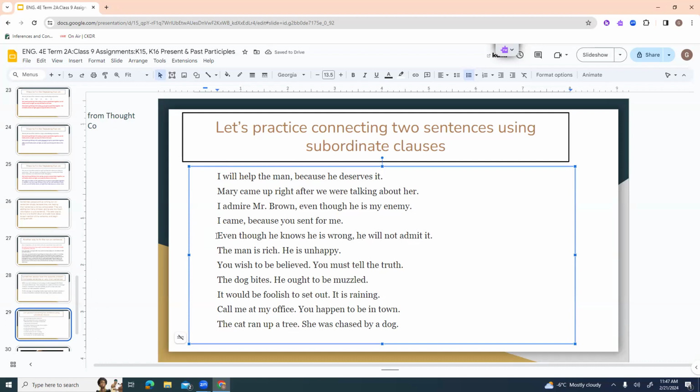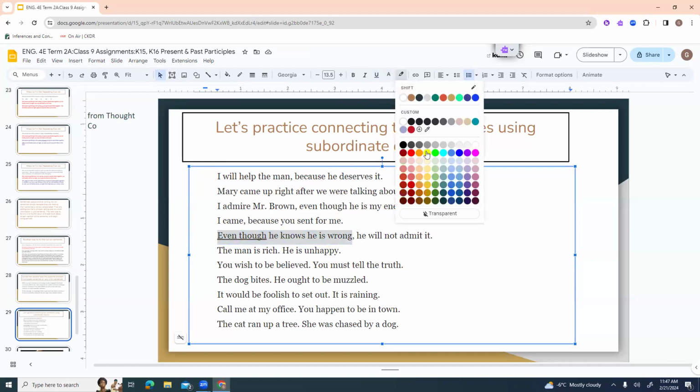Now, have I made a mistake here? Have I joined two sentences using a comma? It looks like it, right? But I haven't, because even though is a subordinating conjunction, and this whole part here is a subordinate phrase.